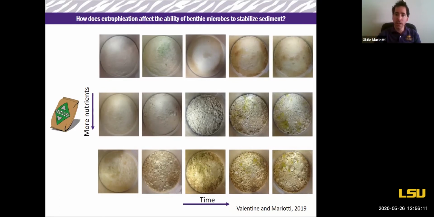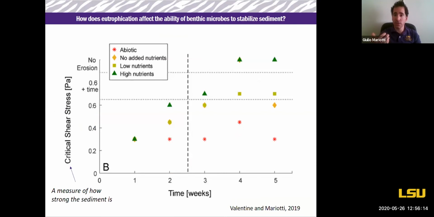So the results that we got are shown in this graph. Here on the y-axis, I'm plotting the critical shear stress, which is really a measure of how strong the sediment is. The larger the value, the stronger the sediment, the harder to be eroded, and likely less coastal erosion. So we did that as a function of time on our test containers.